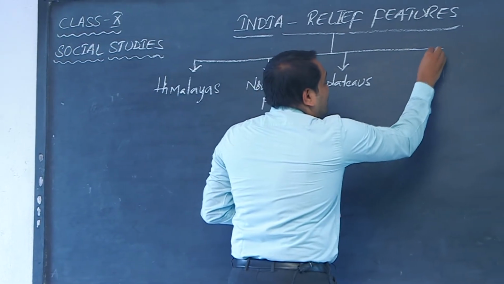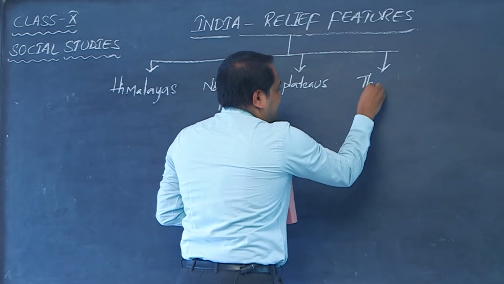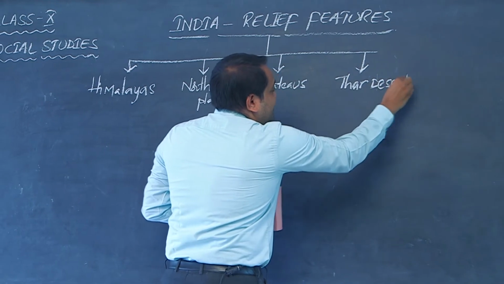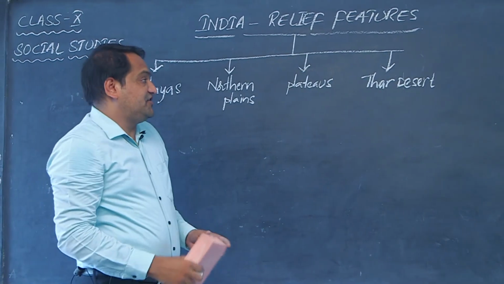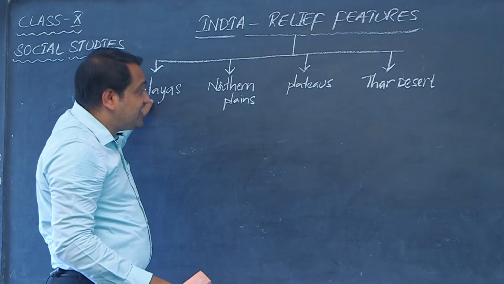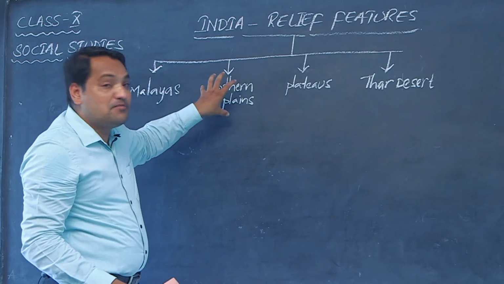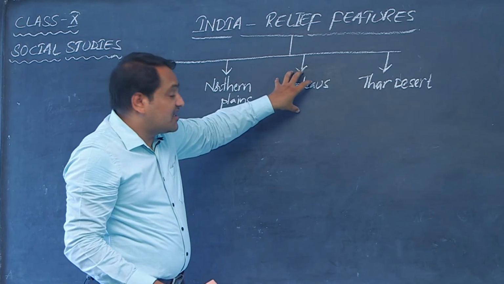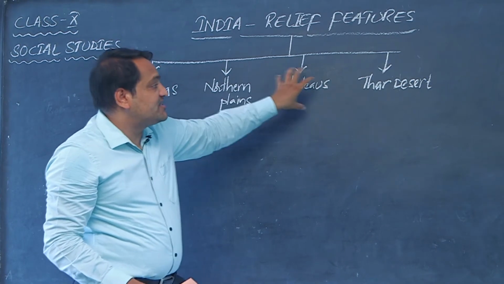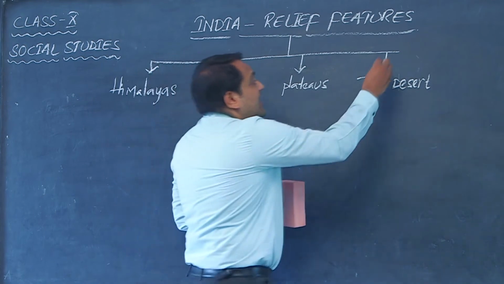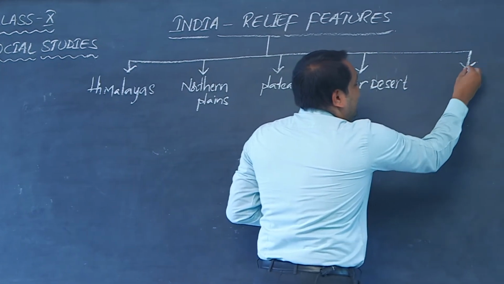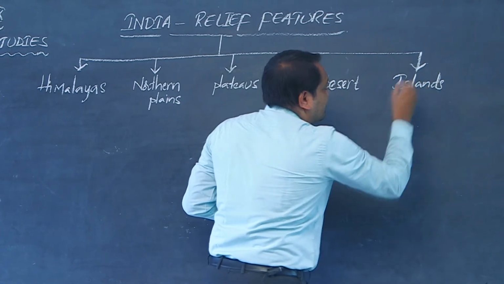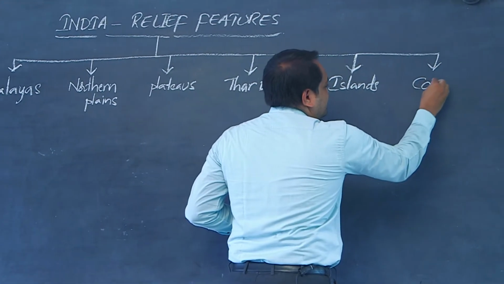After plateau, we have the Thar desert. So India has a variety of relief features. We have snow-capped mountains, rich fertile plains, rugged hills which we call plateaus, and then we have desert. After desert, we have islands and coastal plains.